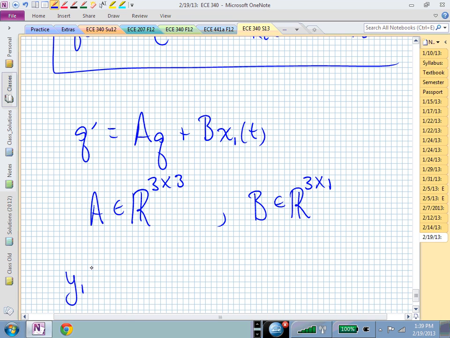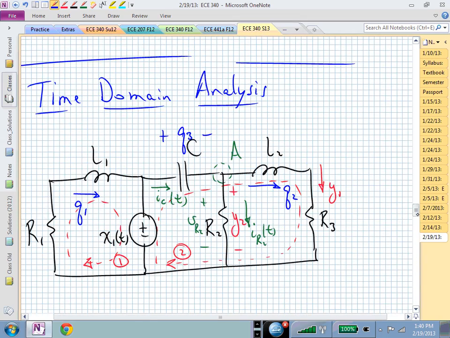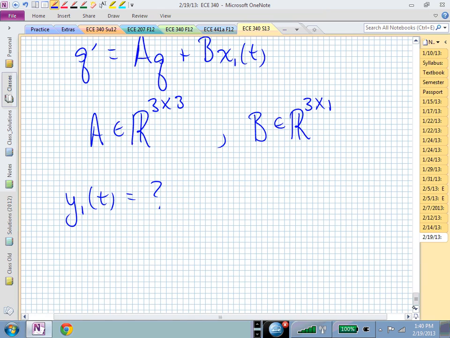What's y1 of t in terms of states and inputs? What's y sub 1? That's just q sub 2, isn't it? What about y sub 2 of t?